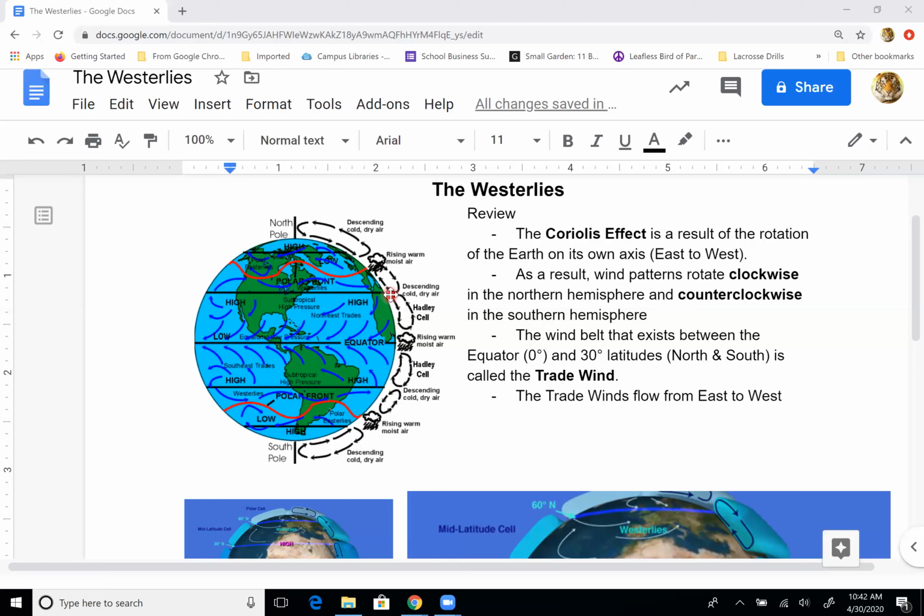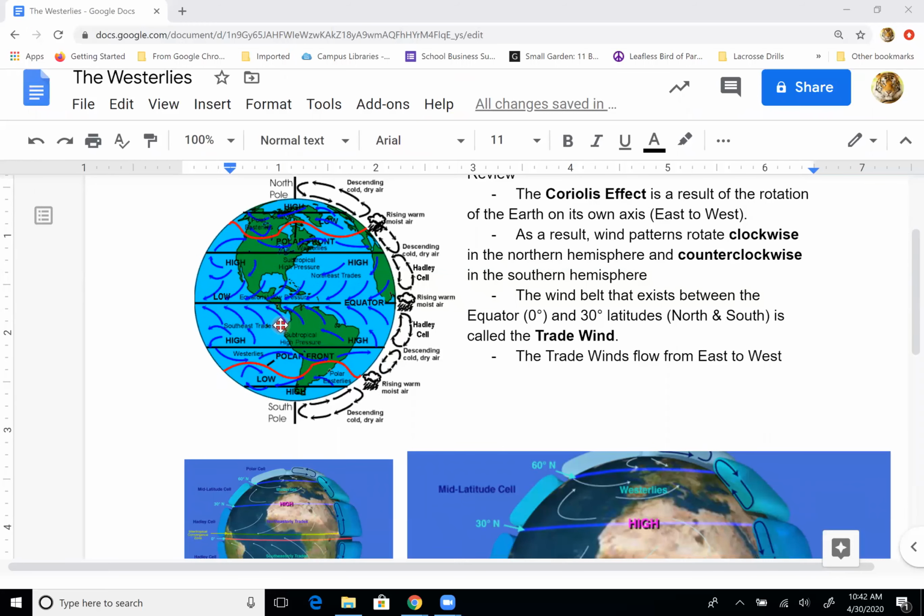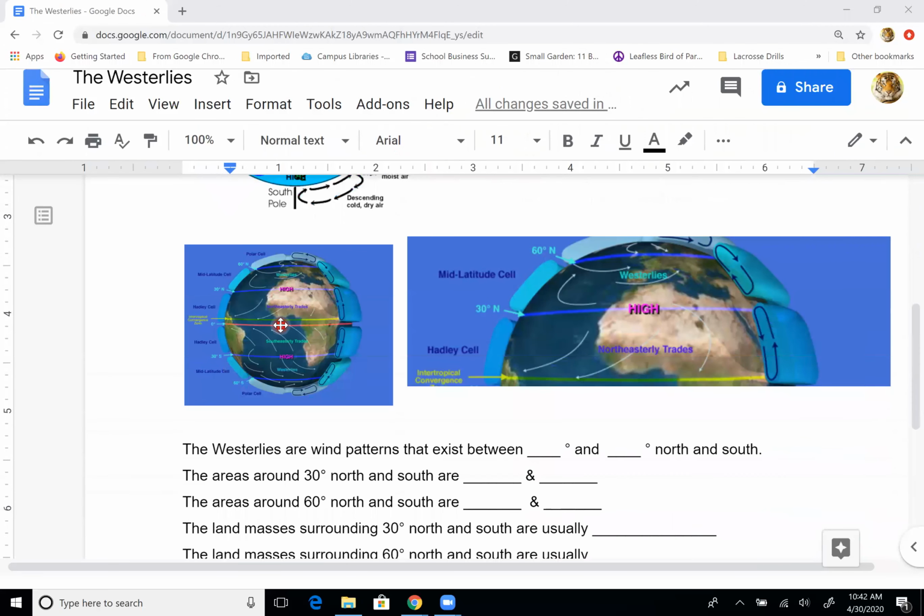These winds flow from east to west, and they're called the trade winds because the sailors and explorers in the past would use these winds to trade between different areas. Now we're going to go into the next section.